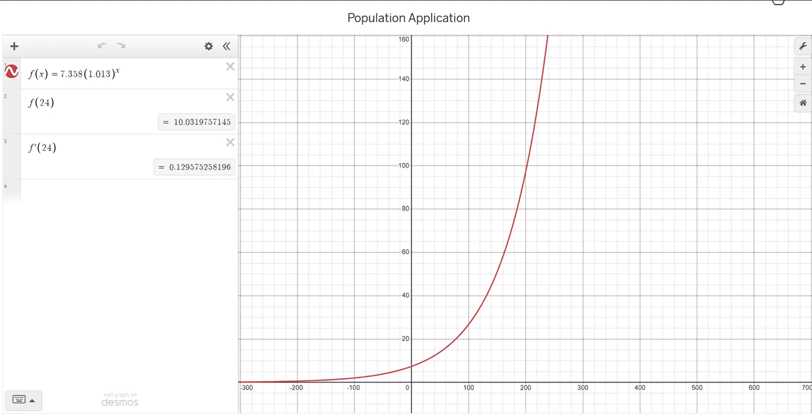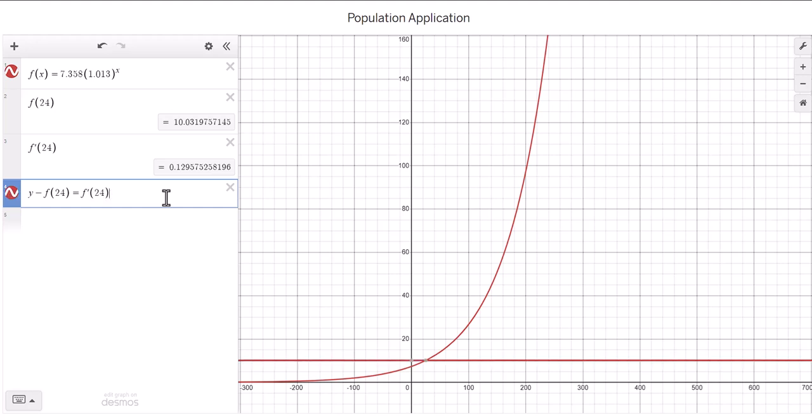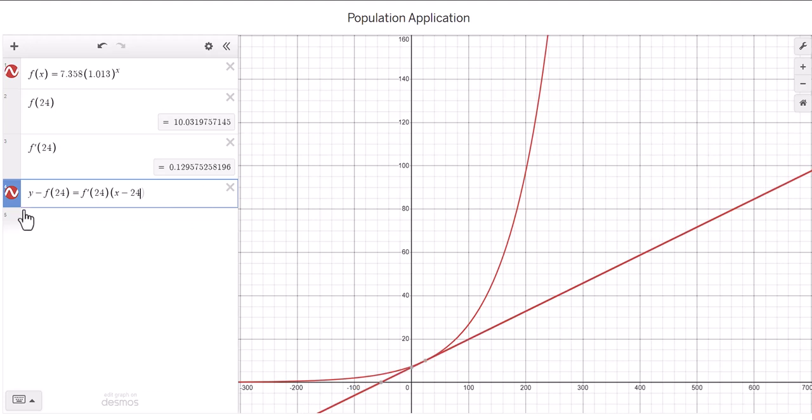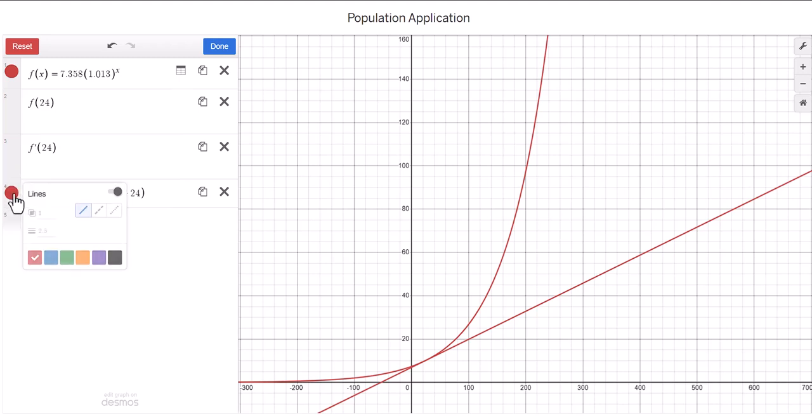It will do the calculations for you, but what's really cool is you can do the tangent line with this same formatting, meaning y minus y1, which is the function evaluated at 24, equals the slope, which is the derivative at 24, and then x minus x1, which is 24. Let me change the color here.